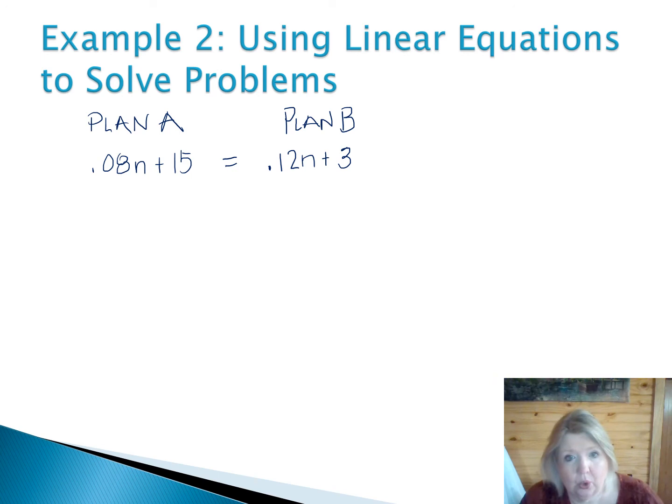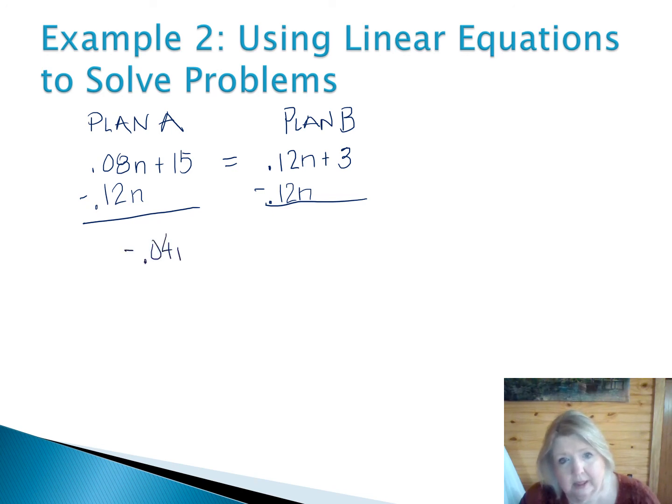Okay, so I'm going to move my n's to the left because that's the way most of my students prefer. So negative 0.12n on both sides. And 0.08 minus 0.12 is negative 0.04n plus 15 equals 3.